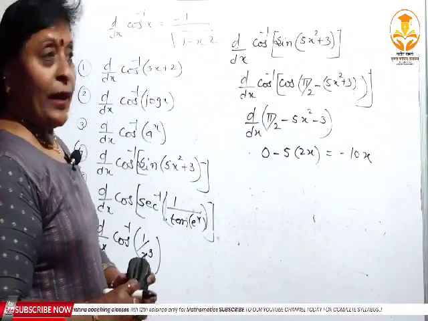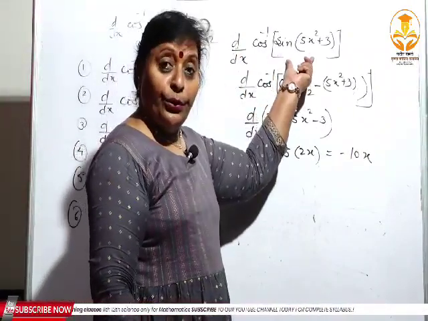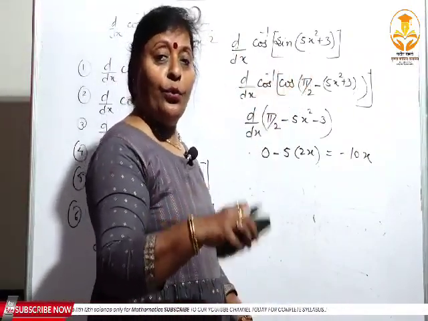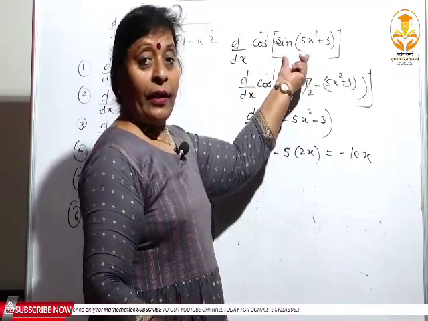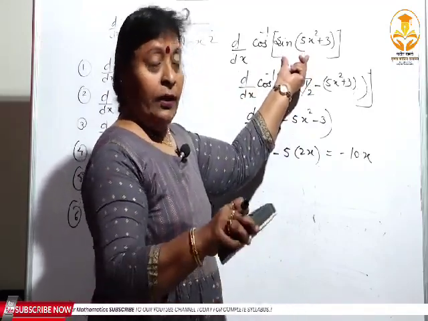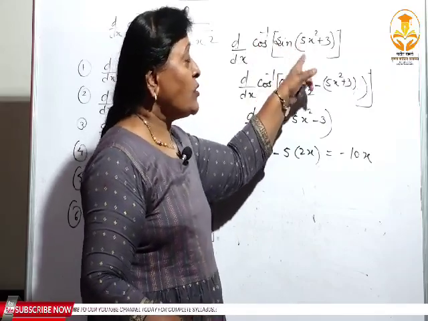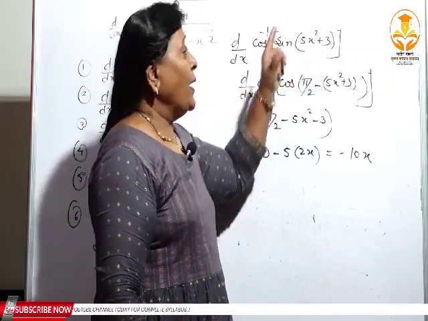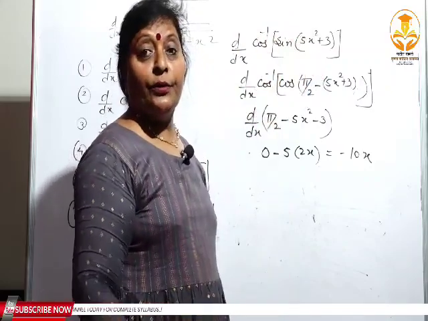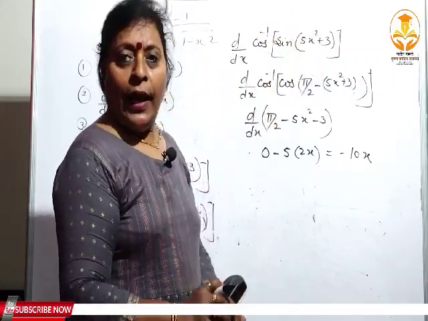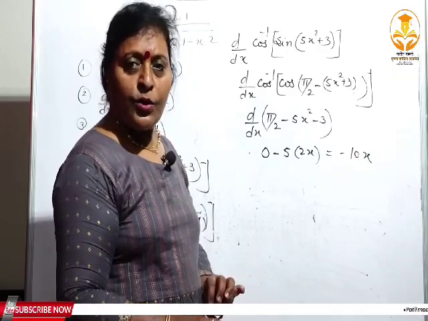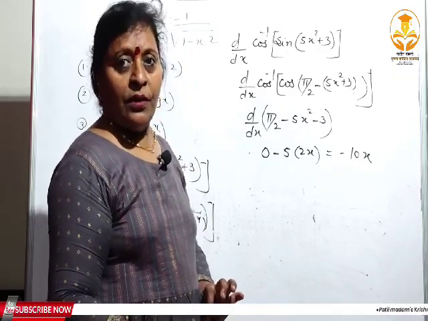If you directly apply the chain rule, then you have to substitute u, cos inverse u, 1 upon root of 1 minus u square, again sine square in the form of a root. Again you have to take the derivative of sine u, which means cos of (5x square plus 3), and the derivative of 5x square is equal to 10x. That is too lengthy, and the answer is also not given in the options of the MCQs.